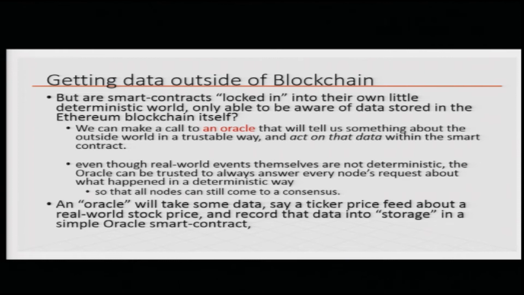So our smart contracts are locked into their own little deterministic world and not able to get data from outside the blockchain. So this would have been a problem. For example, suppose your smart contract is based on the stock market transactions, or it might be based on the weather, and this is information that's not residing on the blockchain.